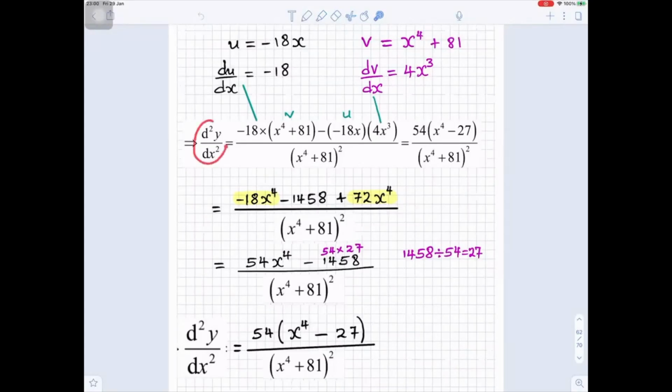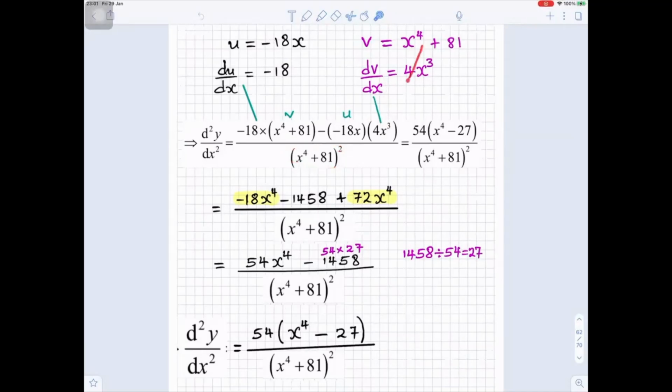So d squared y over dx squared is equal to minus 18, and v is x^4 plus 81, because it is v du over dx, minus u, which is minus 18x, times dv over dx, which is 4x cubed, all divided by v squared.